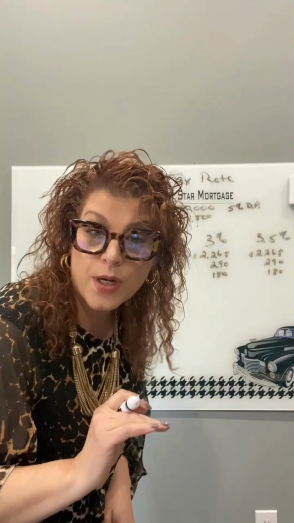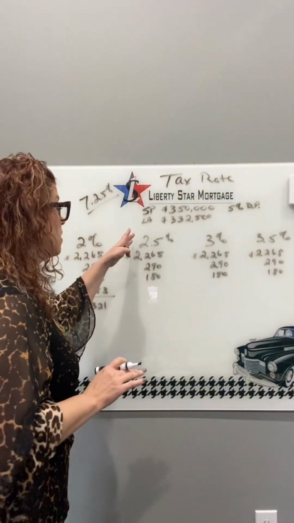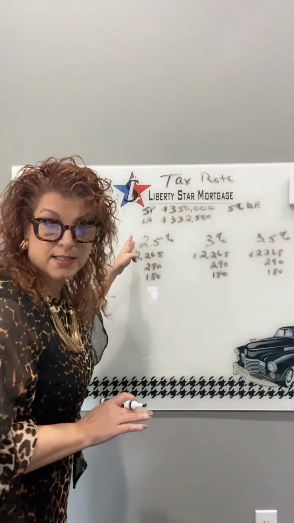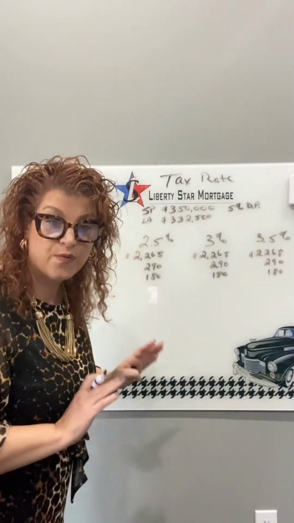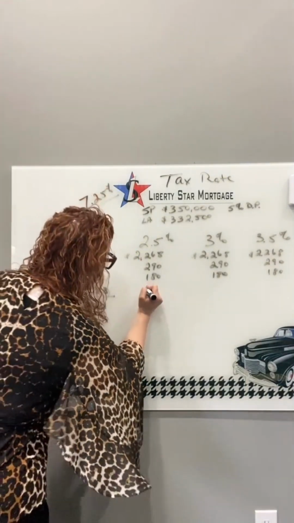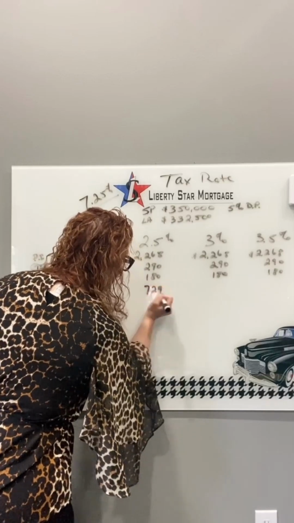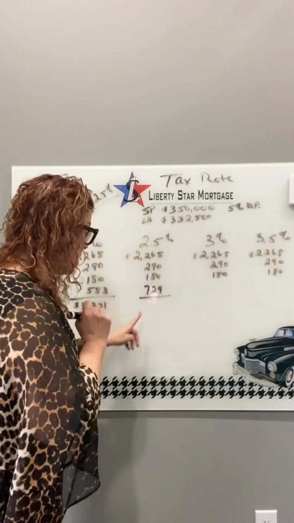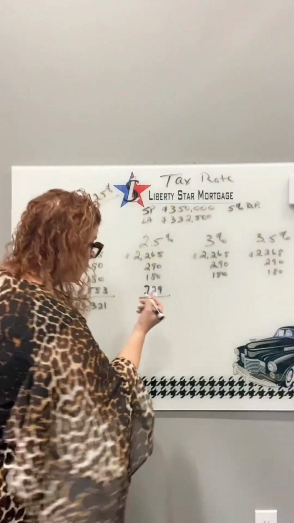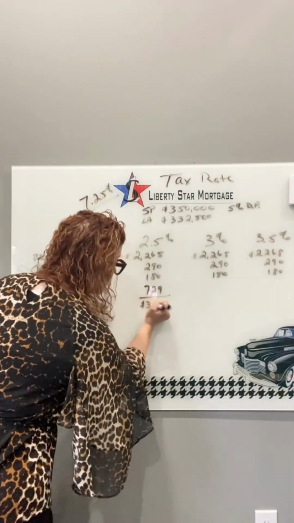Now we're going to go to the 2.5. So this subdivision has a tax rate of 2.5%. So here, that's $729 a month. So that's going to give you a total payment of $3,467.